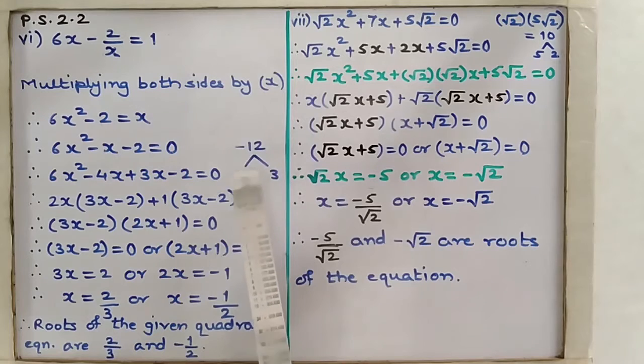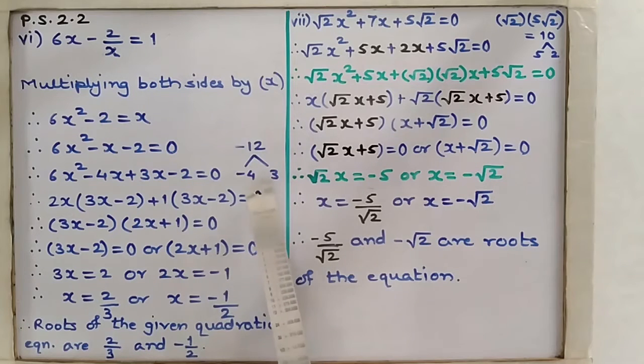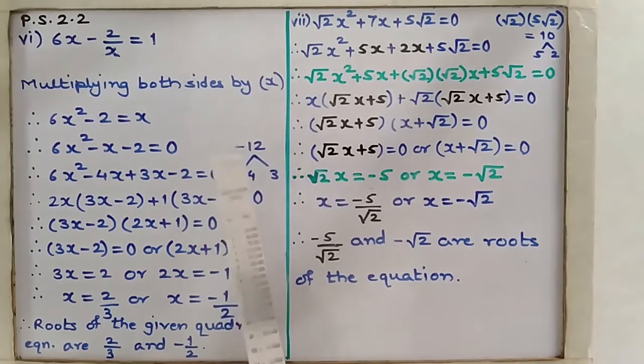So we'll take two numbers, minus 4 and 3. Minus 4 multiplied by 3 is minus 12 and minus 4 plus 3 is minus 1. Since both conditions are getting satisfied, the two numbers, or the factors, are minus 4 and plus 3.